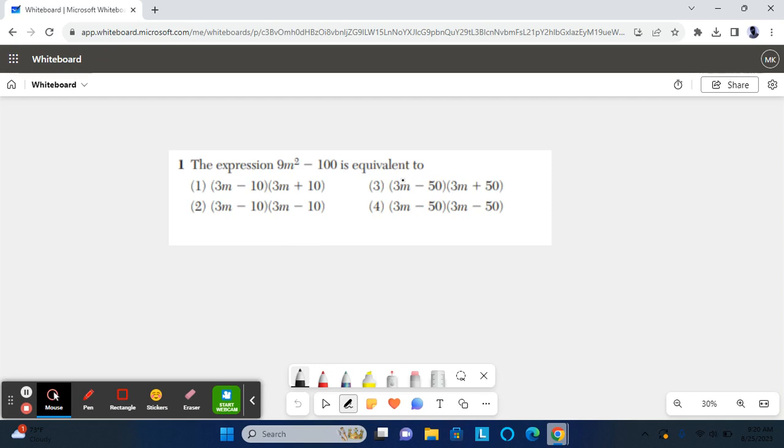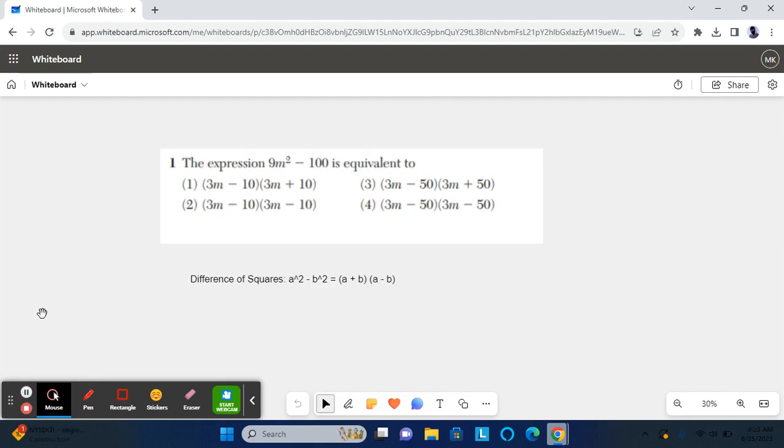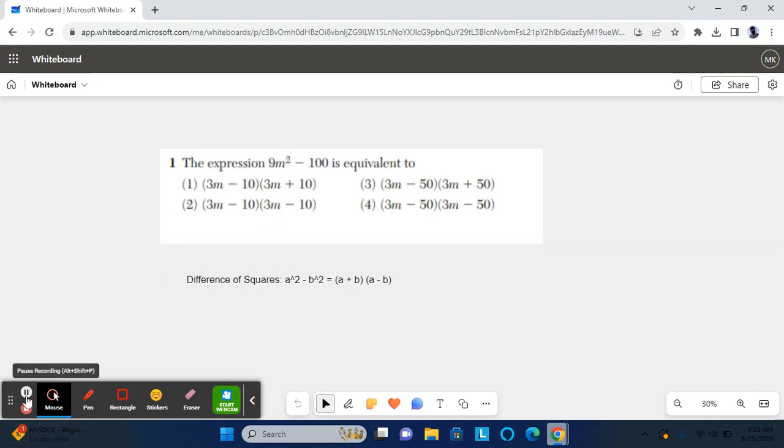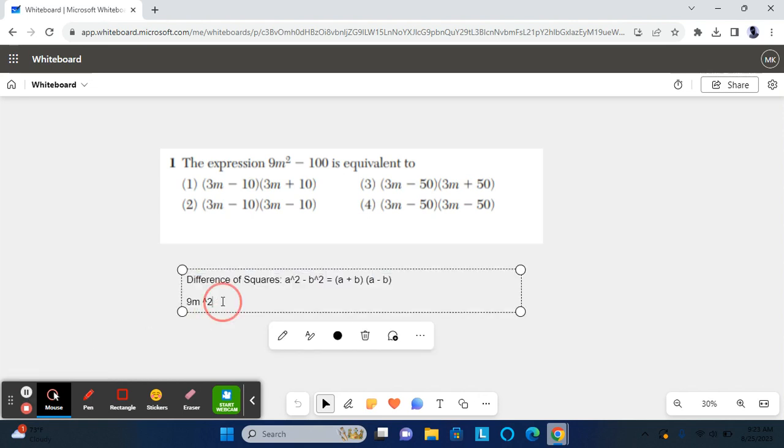For this problem, you have to look at difference of squares, which is a squared minus b squared equals (a plus b) times (a minus b). So we plug that into the expression 9m squared minus 100.